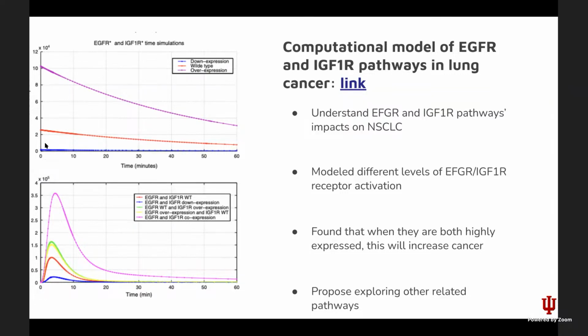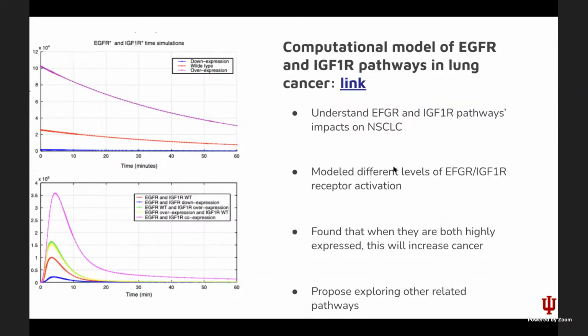One is when EGFR, the epidermal growth factor receptor, and the other one, insulin-like growth factor receptor, both start down-expressed, so they're both expressed at a lesser frequency or activation, and then they're overexpressed, and then the wild type.